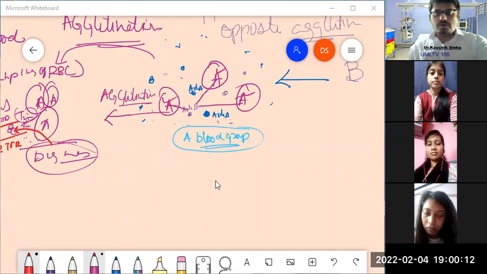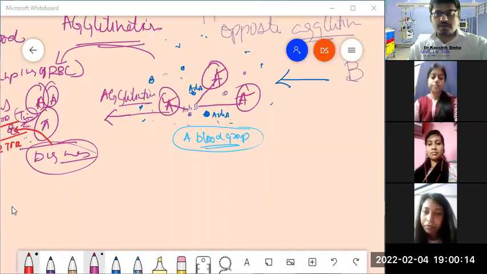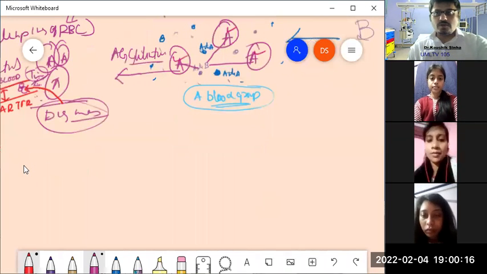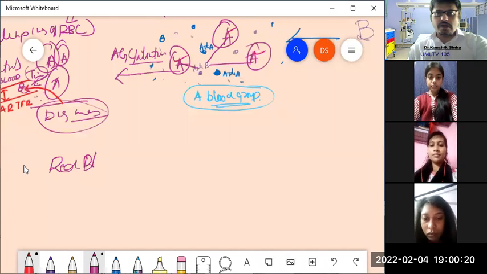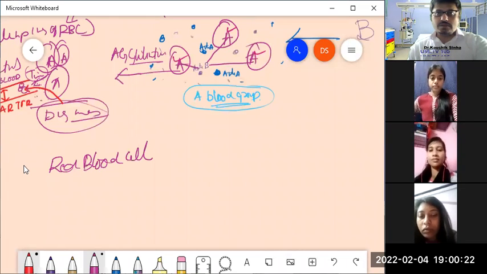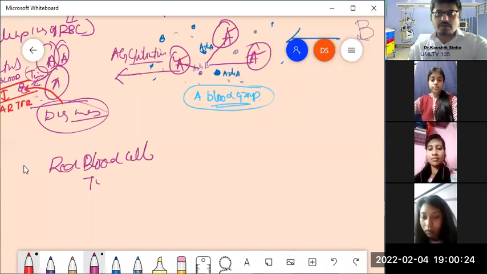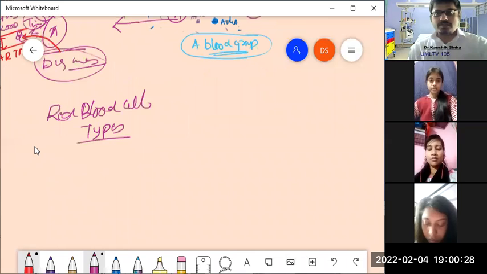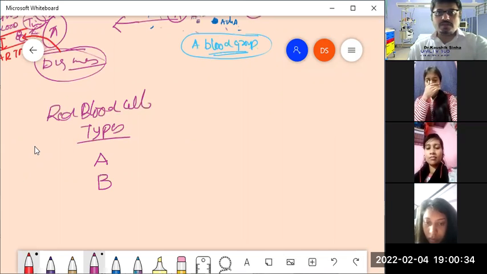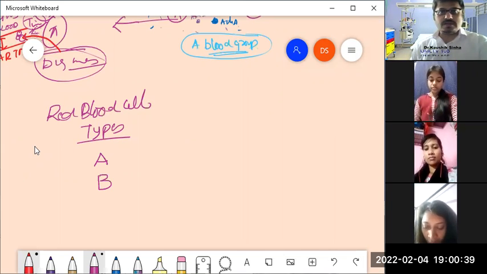So if we are speaking of the blood group type, let me draw a table out here. Okay, red blood cell types based on the agglutinogen that is present. So we can write as A. We can write another type as B. So if this be the sera, sera is the plural of serum.